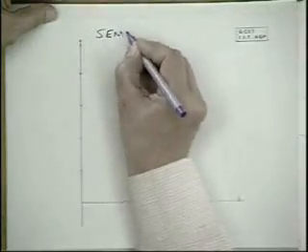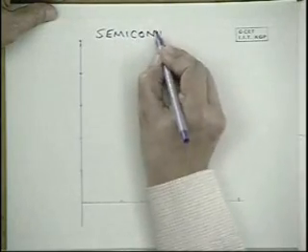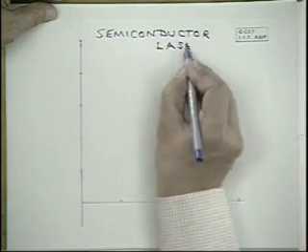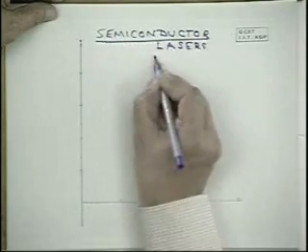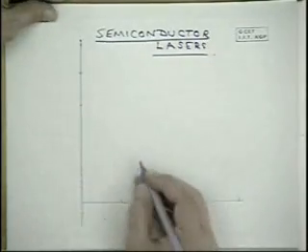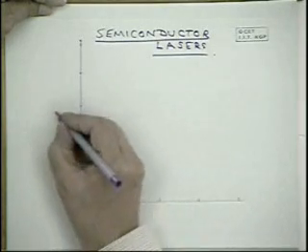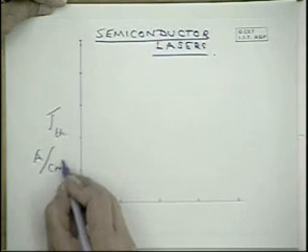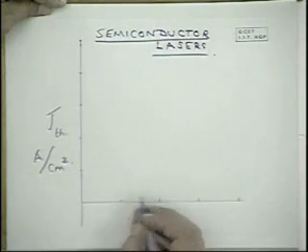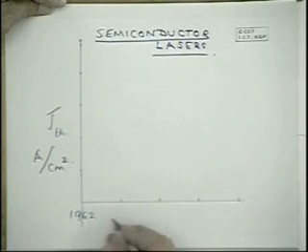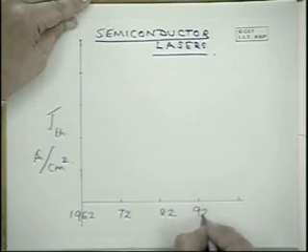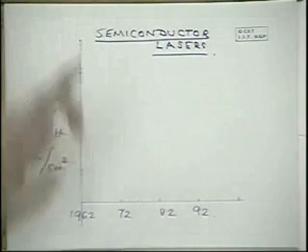At the beginning of the last lecture, I talked about the enormous improvements that have taken place in the field of semiconductor lasers. So I'll just illustrate that by showing how, in going from homojunction lasers, the threshold current density in amperes per centimeter squared has come down with time: 1962, 72, 82, 92.